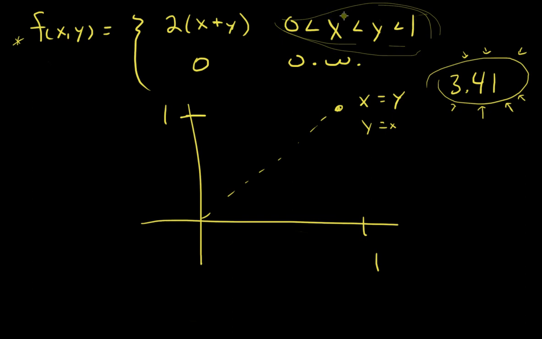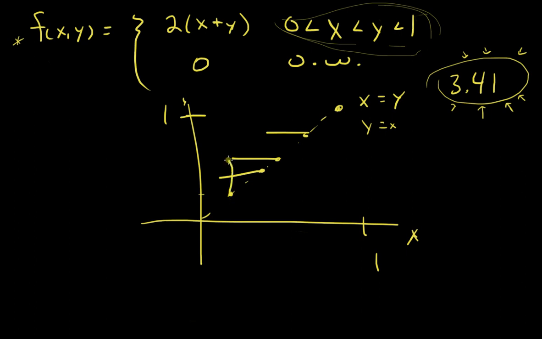What do I have going on? I have whatever x is, so whatever this value is, remember this is x and this is y. So whatever x is, it's always less than whatever y is. So x is here. X can be any value less than y, any value less than y, right? You can think about it another way where y, so say y is here, okay?